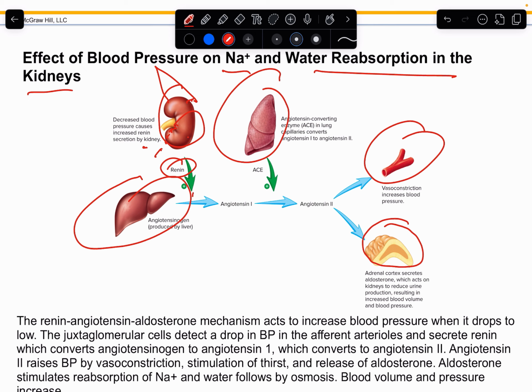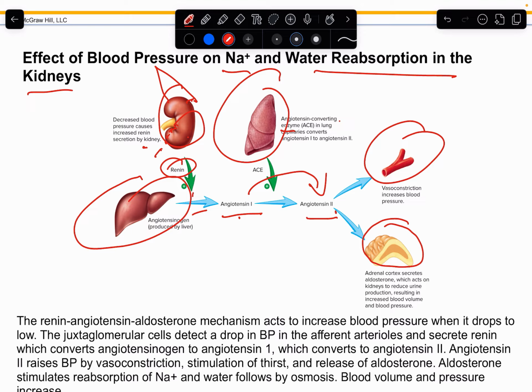This converts angiotensin 1 to angiotensin 2. Here is the angiotensin converting enzyme, which converts angiotensin 1 to 2. Make sure you know that enzyme name. Angiotensin 2 is the active form.